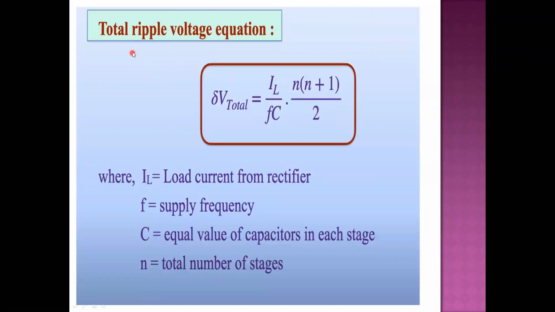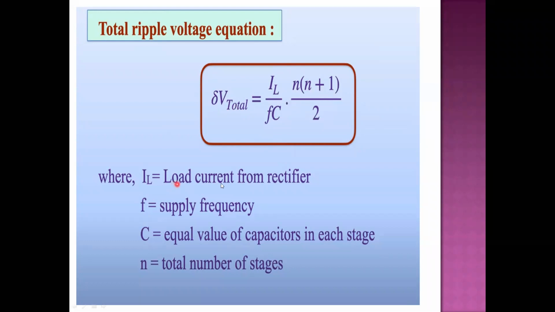All of you write here the total ripple voltage equation. Ripple voltage del V is called ripple voltage. Total ripple voltage: del V total is equal to IL divided by FC into n plus 1 by 2.